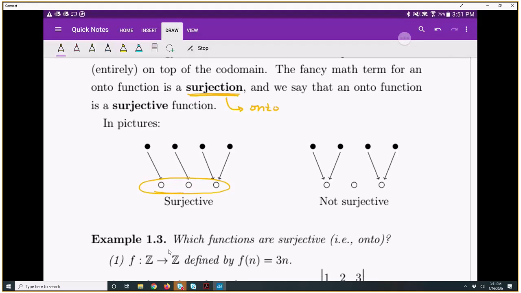So you have this diagram here where you can see this first picture is surjective because you have 3 dots in your codomain and each one is getting mapped by somebody in the domain. Whereas in the second picture, although this is a valid function, it's not a surjective function because this element in the codomain doesn't have any preimage in the domain, so it's not onto.